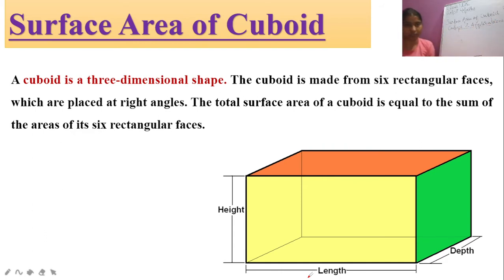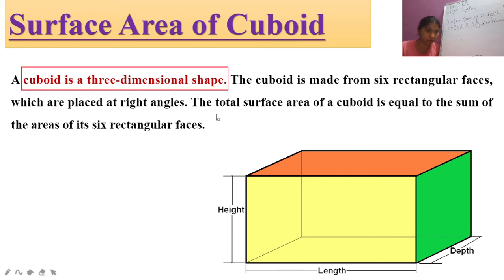Now students, firstly let's talk about a cuboid. What is a cuboid? A cuboid is a 3-dimensional shape. Whenever we talk about any shape in the form of a cuboid, it must be a 3-dimensional shape. A cuboid is made by 6 rectangular faces placed at 90 degrees, or right angles.